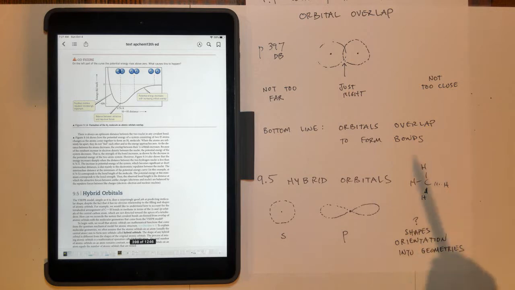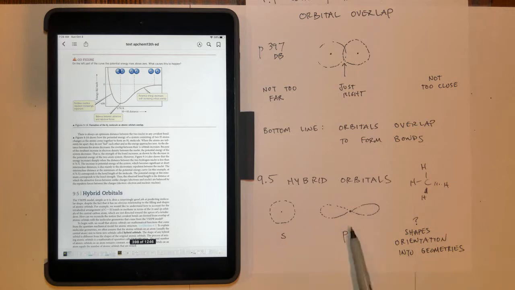But we haven't really looked at the orbitals that actually come off of the hydrogen and come off of the carbon, or whatever atom we're looking at. So what kind of orbital overlap does this cause, and how does this shape orientation go into the molecular geometries?